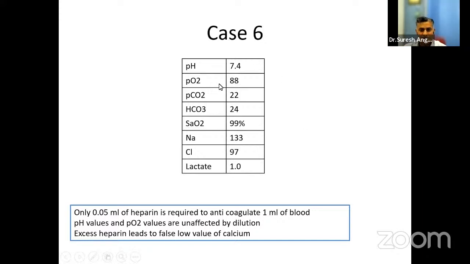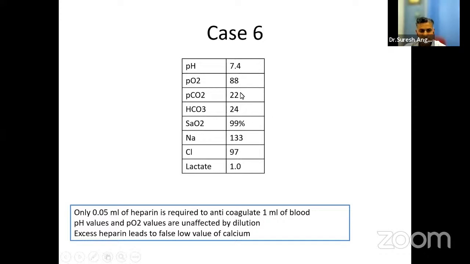Yeah. So this is another blood gas. pH is 7.4, PO2 88, PCO2 22, bicarb normal, everything else is normal. So what has happened here? See, pH is absolutely normal, but PCO2 is low, and it is not affecting your pH. Excess heparin. Very right.